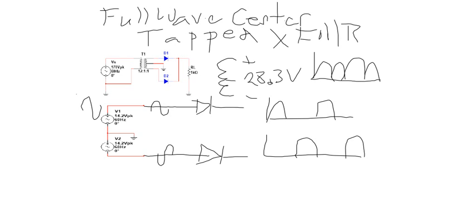My peak voltage now, instead of the 27 something volts, it's going to be the 14.2 minus one diode drop, because only one diode's active at a time.